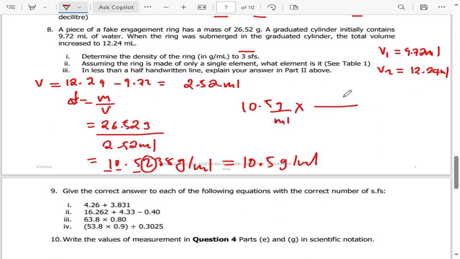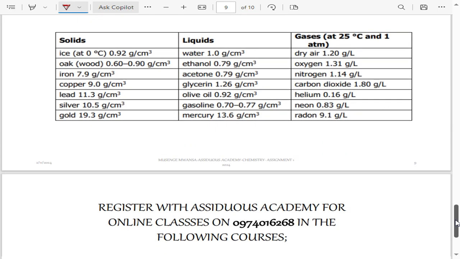We have a mil down, we'll put a mil on top, and then a liter down. A liter is bigger than a mil, so I'll put a 1 in front. 1 liter has got 10 to the power 3 mils. So this mil will cancel with this mil. So 10.5 times 10 to the power 3, the answer is going to be 10,500 grams per liter.